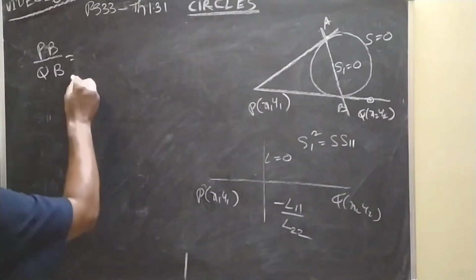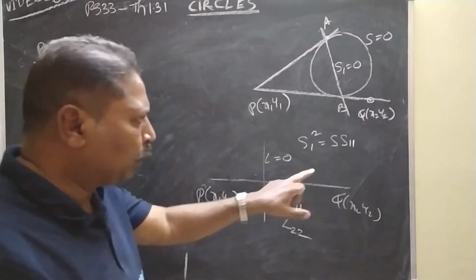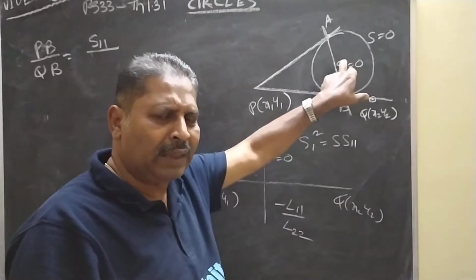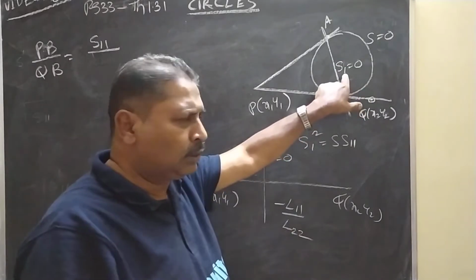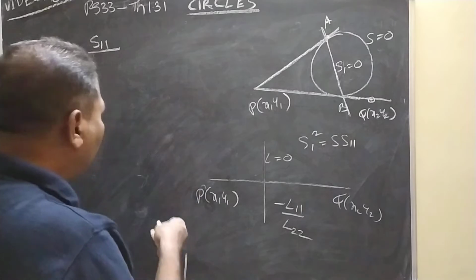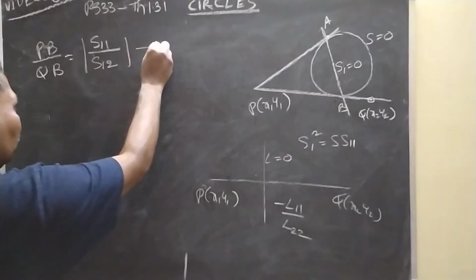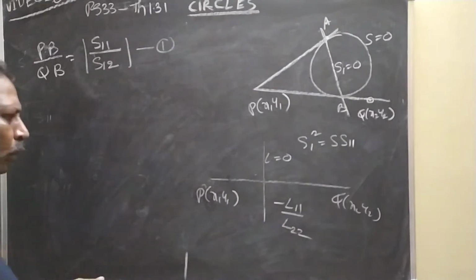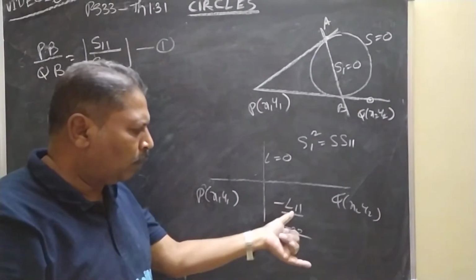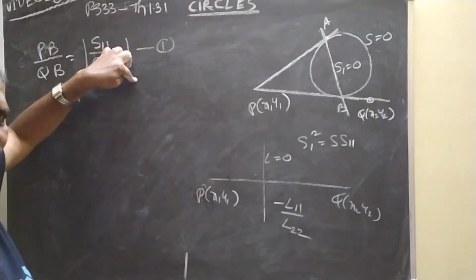We get S11. Substitute the second point in S1. We get S12. So by using this formula, minus L11 by L22, we take the modulus symbol.